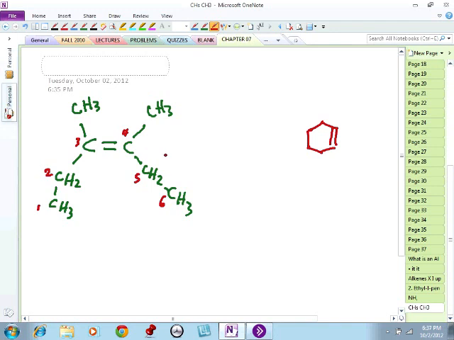Is that enough for this about the stereochemistry? About the stereochemistry, you have these two methyl groups on one side of the double bond, right? And then you have the ethyl group on the other side of the double bond, on the same side of the double bond. Exactly. So what do we call that? Cis, exactly. So now we call this cis.